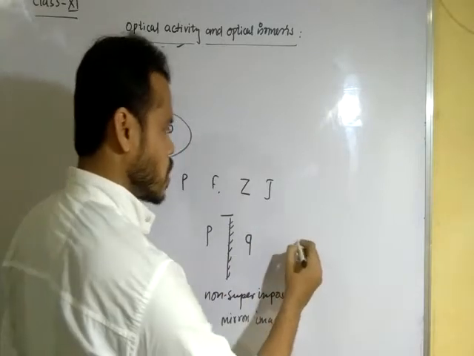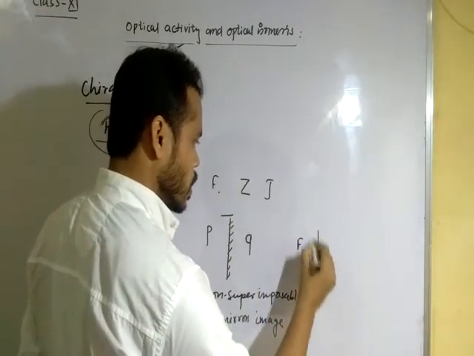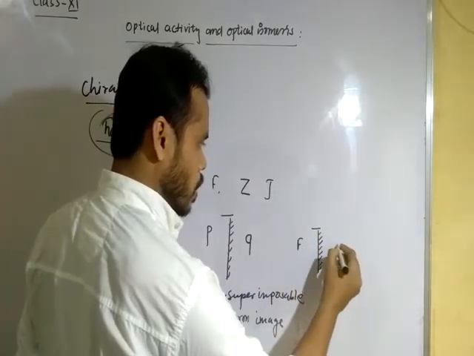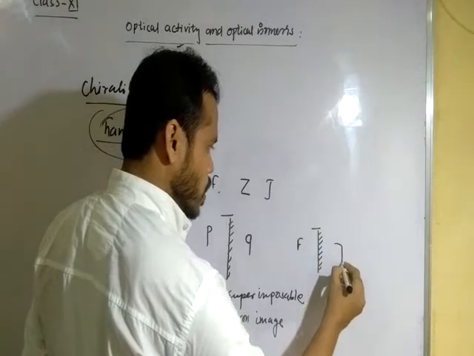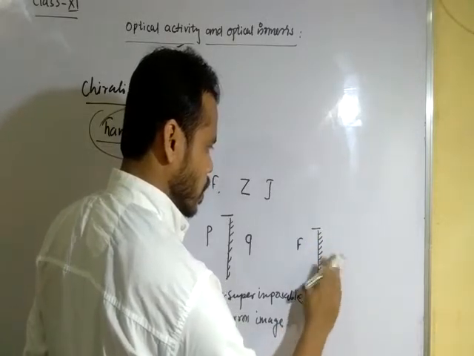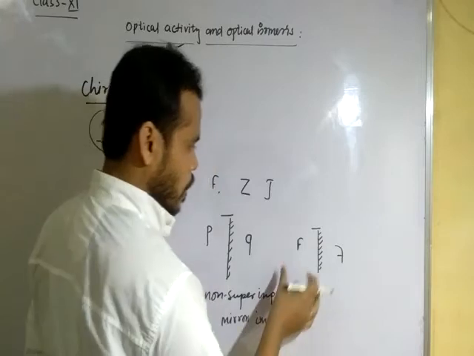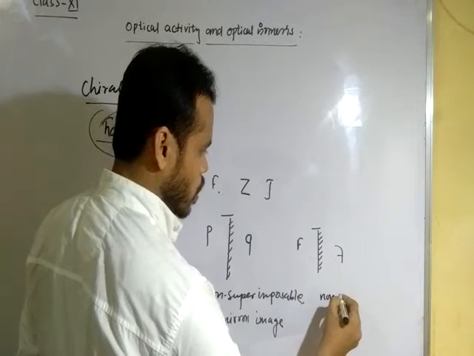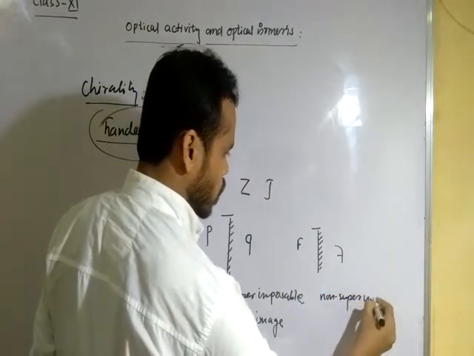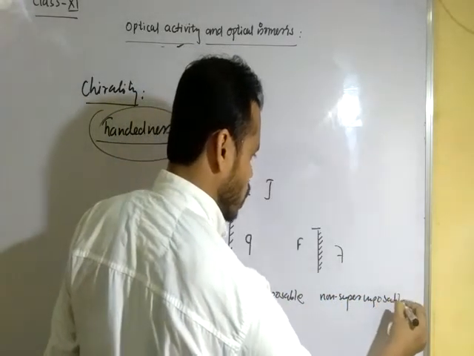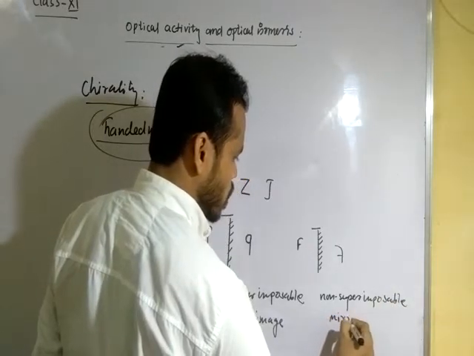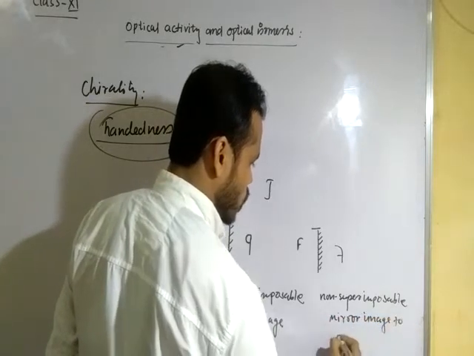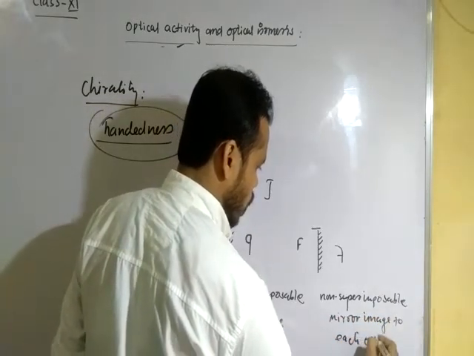Also when F is put in front of the mirror, the opposite structure will be formed like this. These are mirror images of each other, and they are also non-superimposable mirror images.